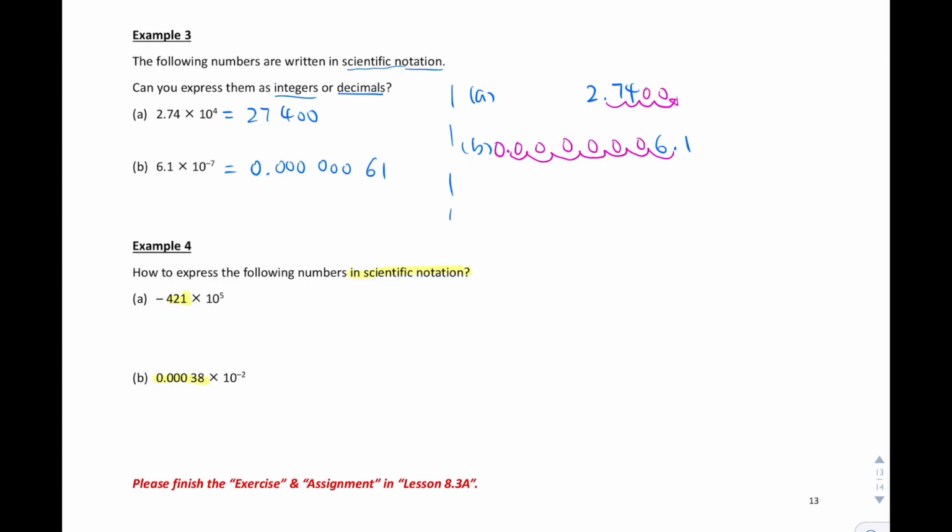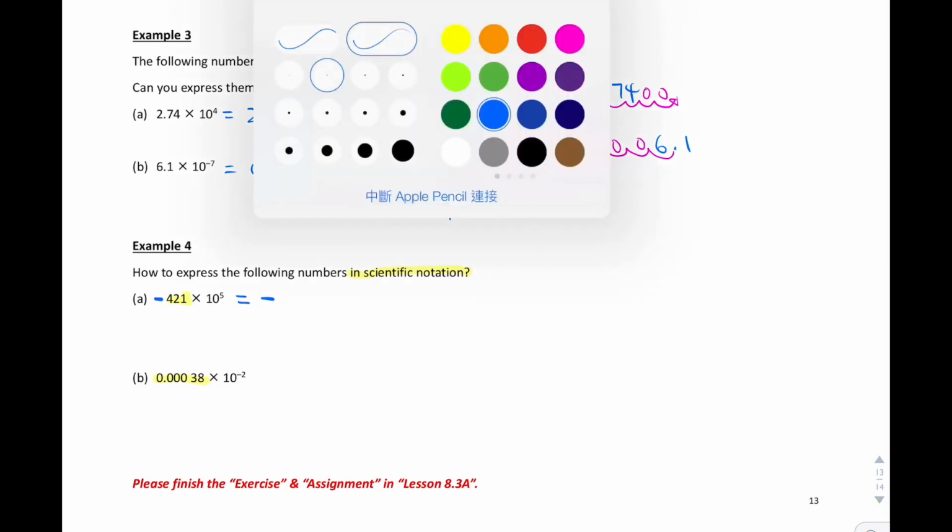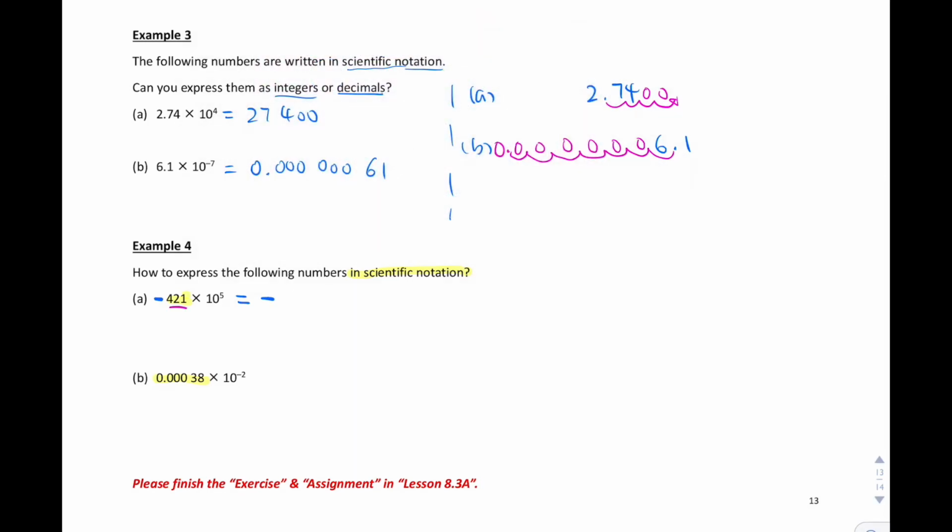So it is not the correct form of scientific notations. For part A, we just copy the negative sign first. And then for 421, you will write 4.21 times 10 squared. And then still times 10 to the power of 5.